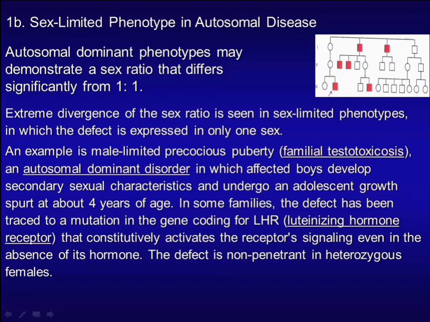Affected boys develop secondary sexual characteristics and undergo an adolescent growth spurt at about 4 years of age. In some families, it is caused by mutation in the gene coding for luteinizing hormone receptor, located on chromosome 2.